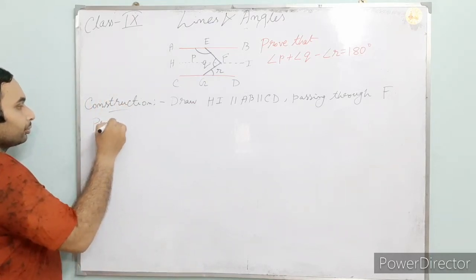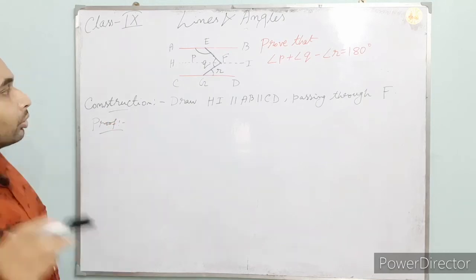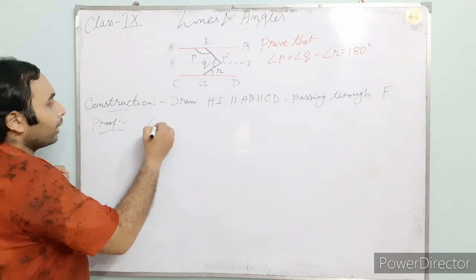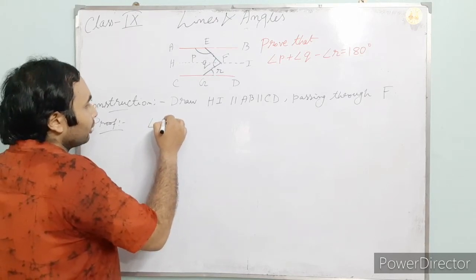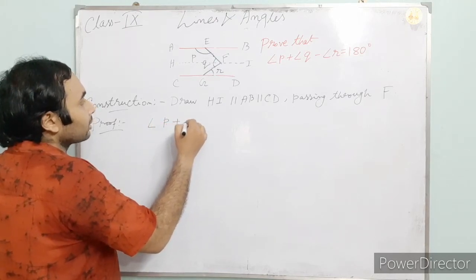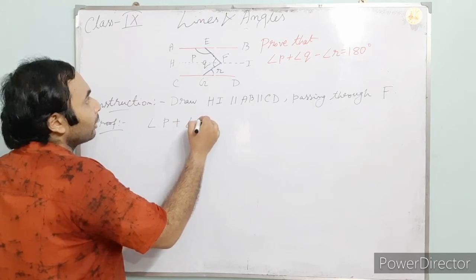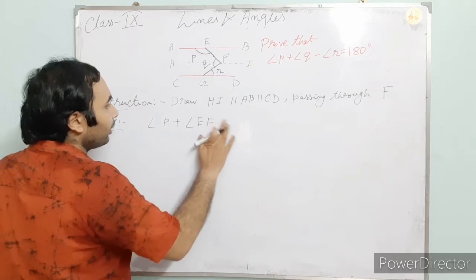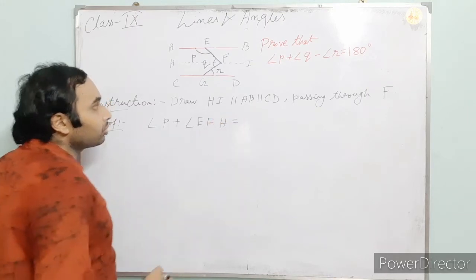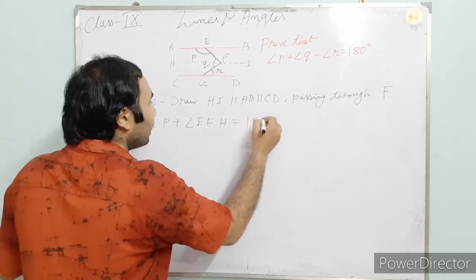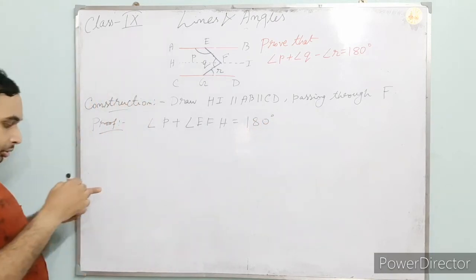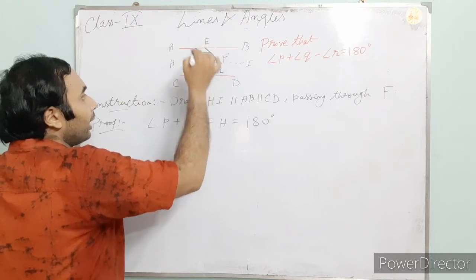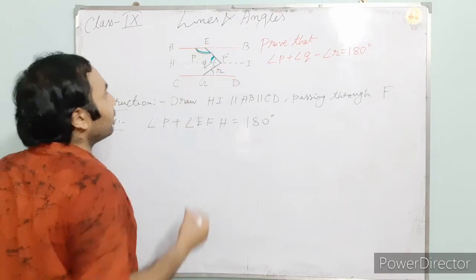Proof. From here, what are we getting? Angle P plus angle EFH. How much will it be? It will be 180 degree. Which two angles have we taken? Angle P is obviously this one. Angle P plus this angle only.